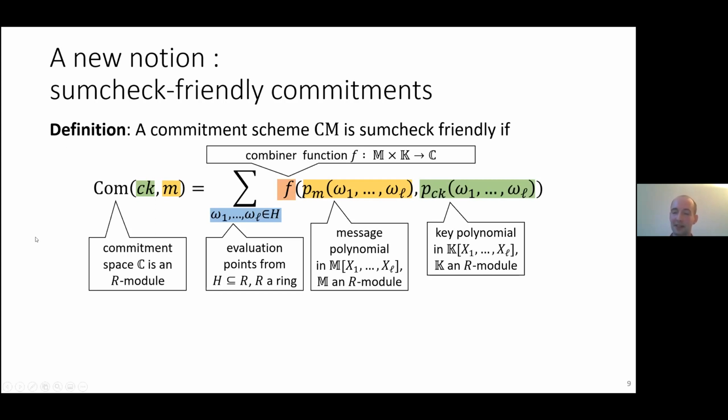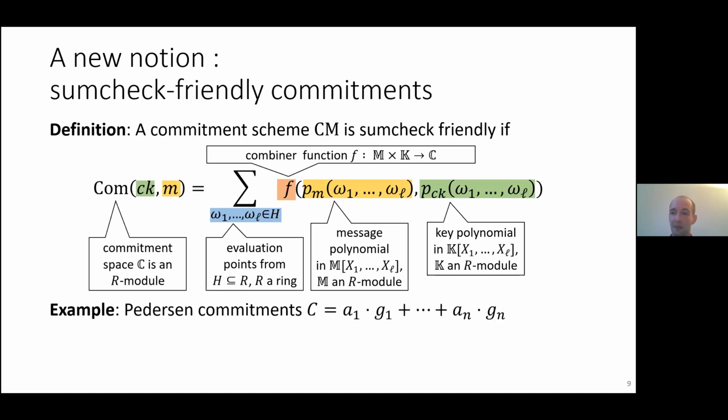Just in case this definition looks a bit weird and scary or too abstract, I'll show you an example, which is how to view a Pedersen commitment as a sumcheck-friendly commitment. A Pedersen commitment is a sum of products of message elements from some finite field multiplied by key elements from some cryptographic group, like an elliptic curve group.